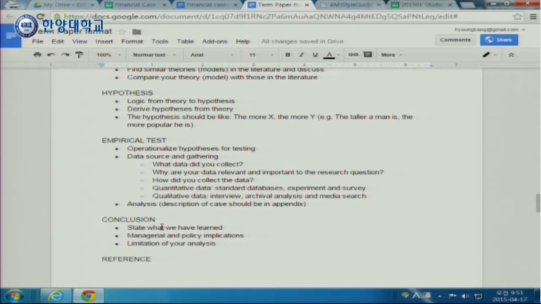But maybe in that paper you may not have to do the literature review part or something like that. But anyway, even if you become a strategy consultant, you write a report that is just a subset of this one. At an investment bank, if you write an analyst report about Samsung Electronics, maybe it is not theory driven.